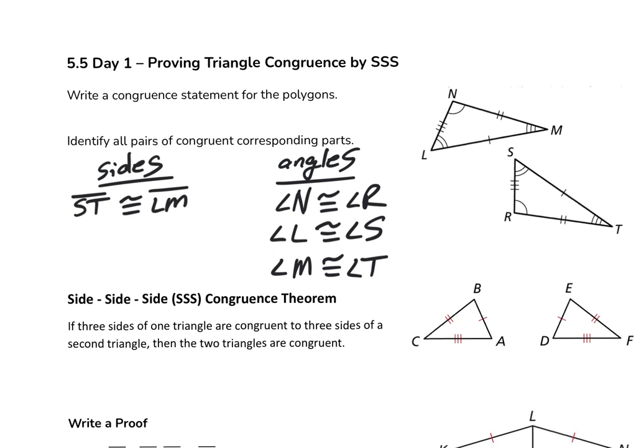Order doesn't matter for sides. The one time it does matter is when we do the triangle, which we'll do last. Then I go to the two markings. NM is congruent to RT. And finally, NL is congruent to SR.